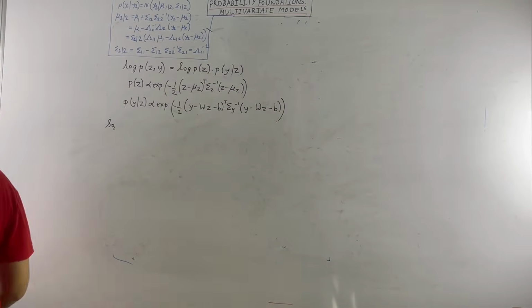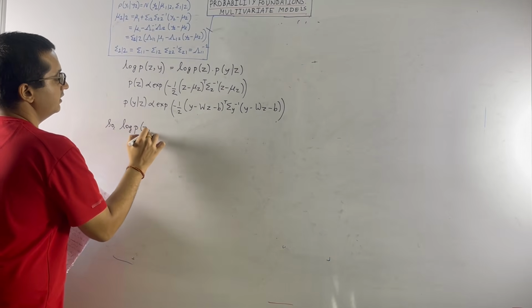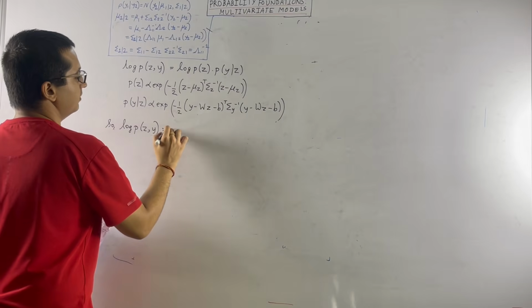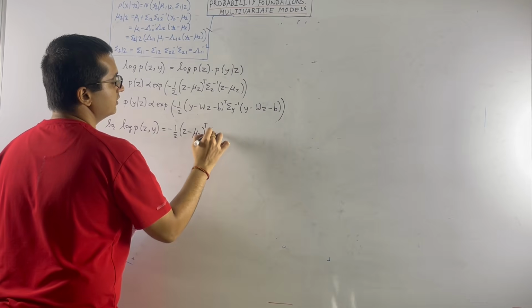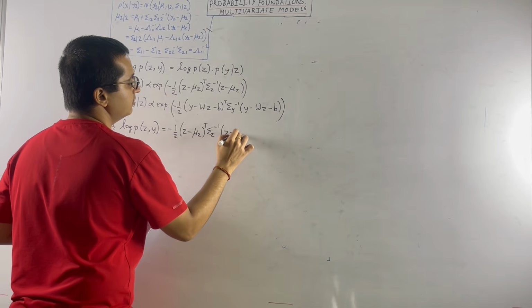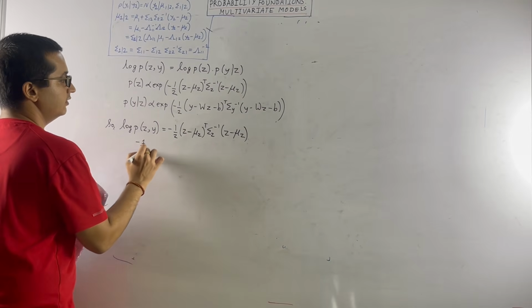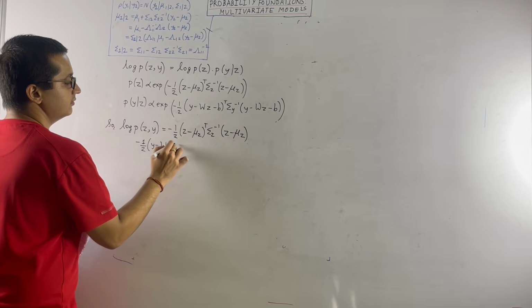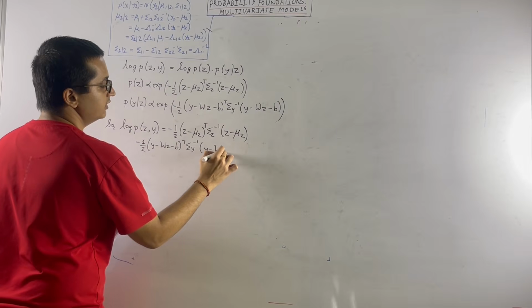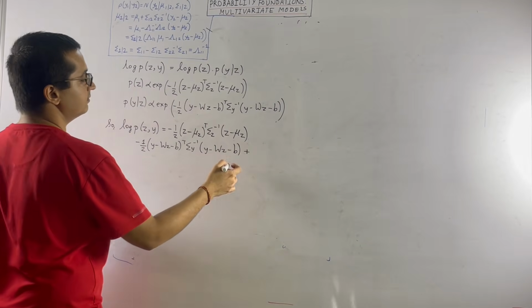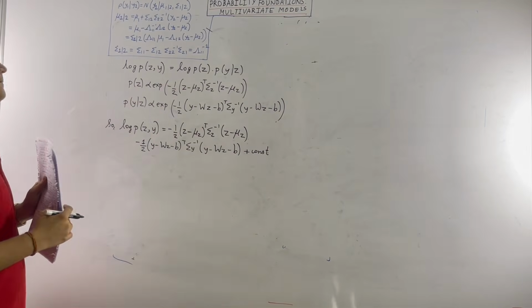So log p of z comma y is equal to minus half z minus mu z transpose sigma z inverse z minus mu z, minus half y minus wz minus b, and plus some other constant terms that I do not care much about.